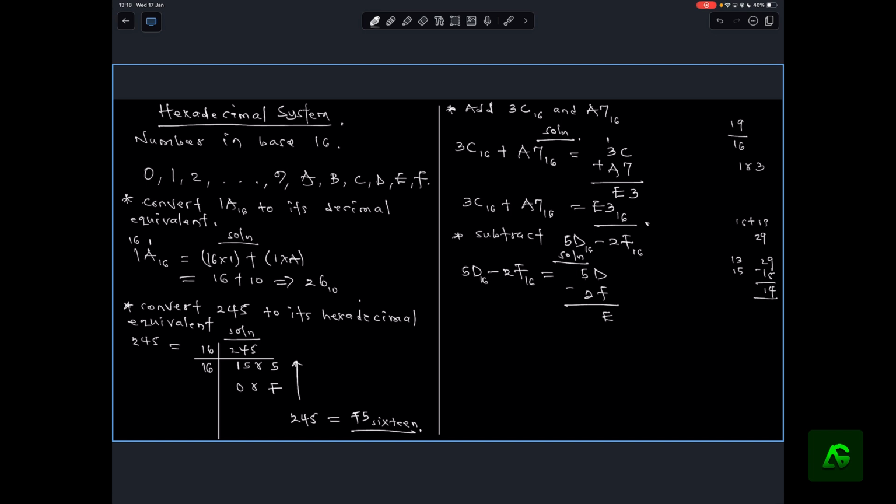The 5 we had initially is now 4. 4 minus 2 is 2. So our answer is 2E. That means 5D base 16 minus 2F base 16 results in 2E in base 16. So that is that for that.